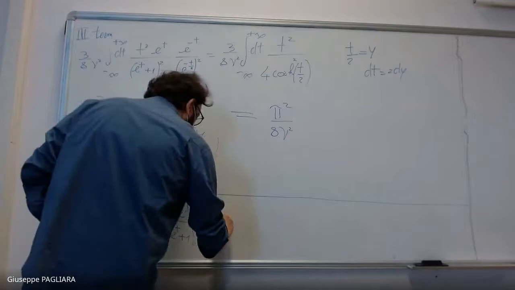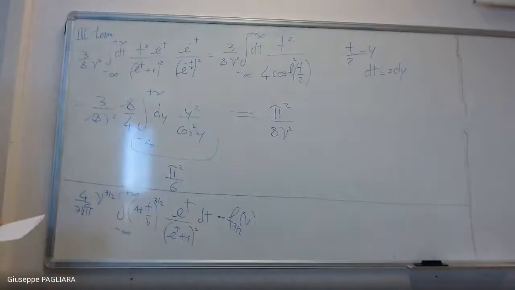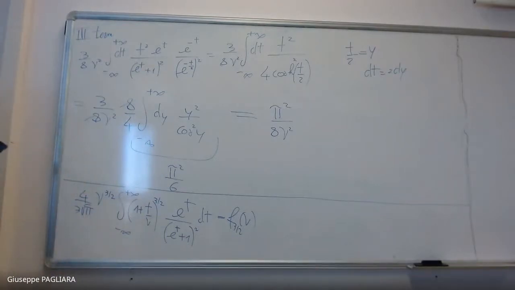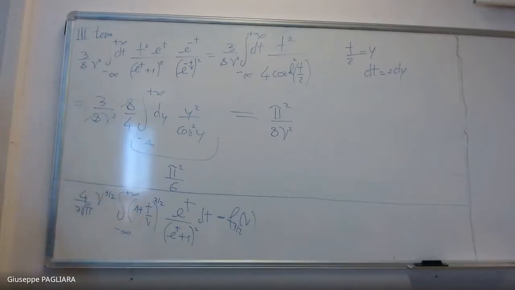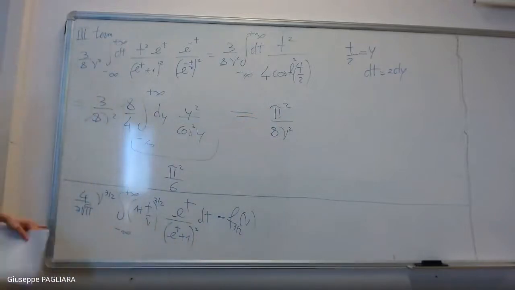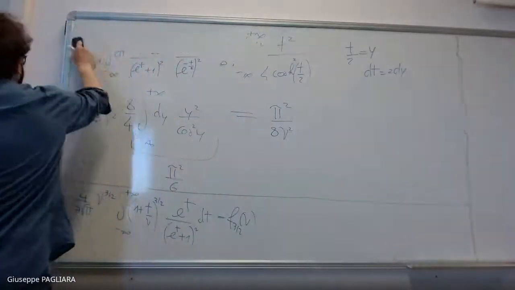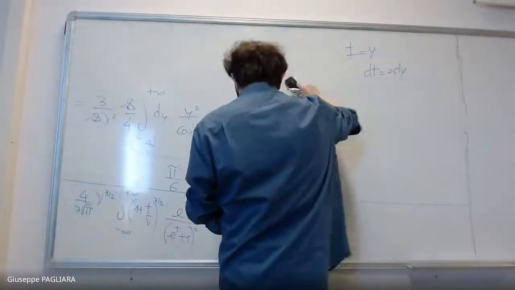And this function here was the F_{3/2} of mu. We were expanding in the ratio t divided by mu. The first term is done, the second is vanishing, and the third one is the one that we have computed. I got that the integral is equal to pi squared divided by 8 mu squared, and then I have to multiply by this term here. Okay, so then I get the following expansion for the F_{3/2} of mu.